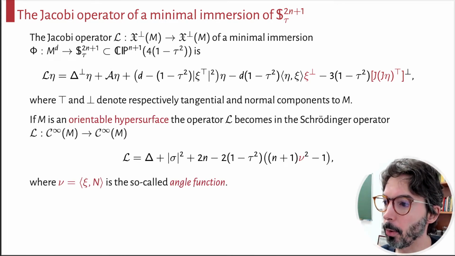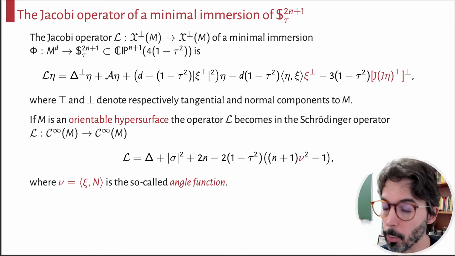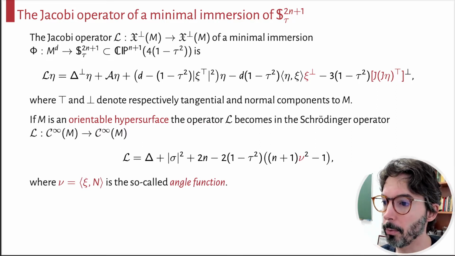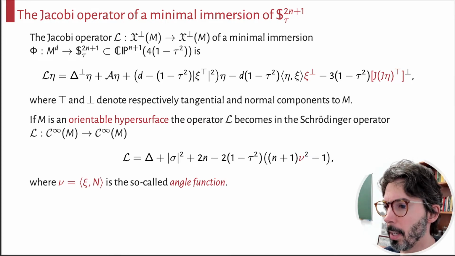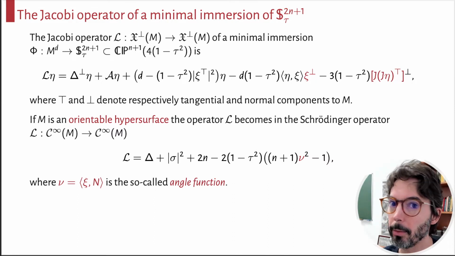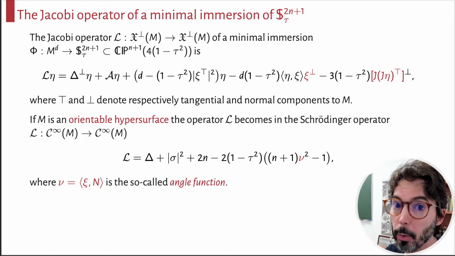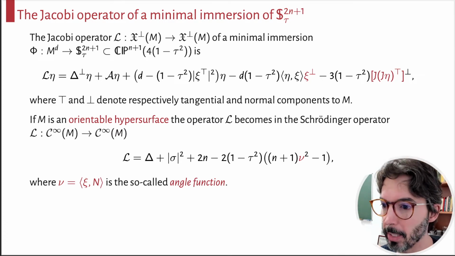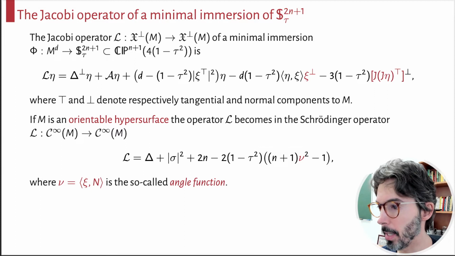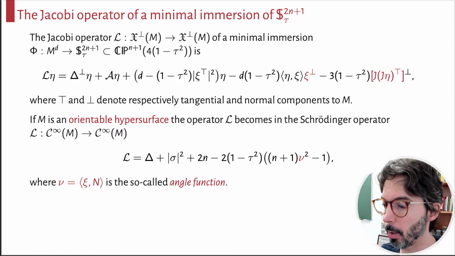In the case of an orientable hypersurface, as we have seen in part 2 of this lecture series, the Jacobi operator L becomes a Schrödinger operator, given in the slide as the Laplacian plus the length of the second fundamental form plus a term involving the Ricci curvature of the ambient manifold, which in this case is controlled by the dimension of the Berger sphere, the parameter tau of the Berger metric, and also the angle function, which is just the scalar product of psi and the normal vector field to the immersion.